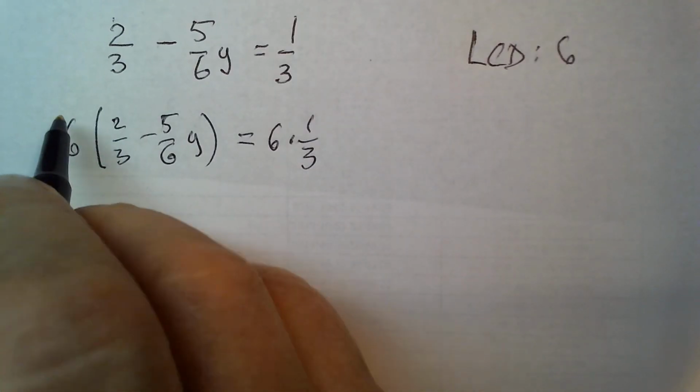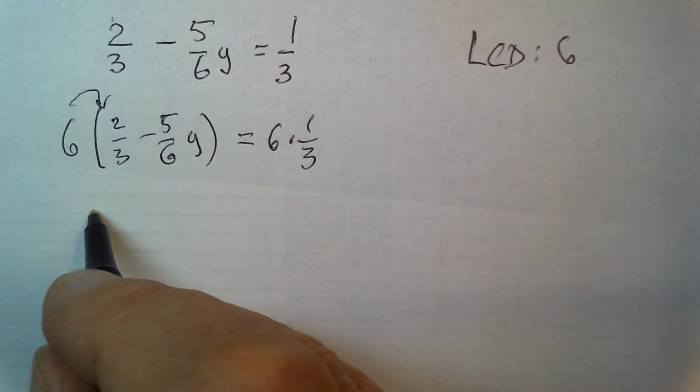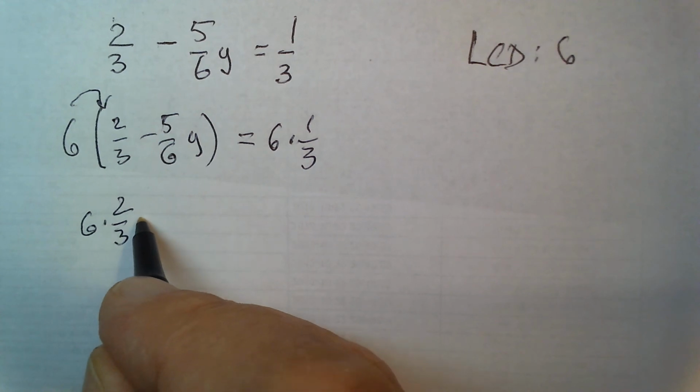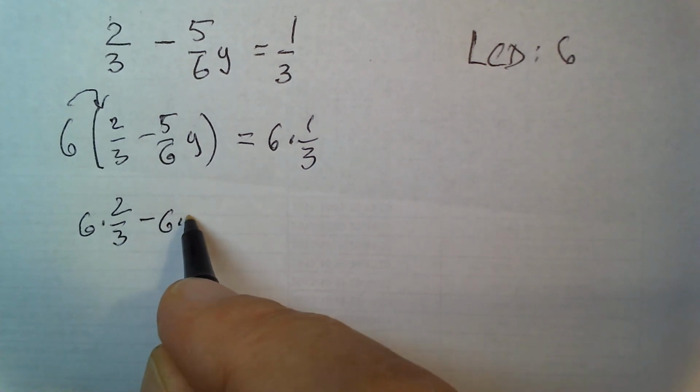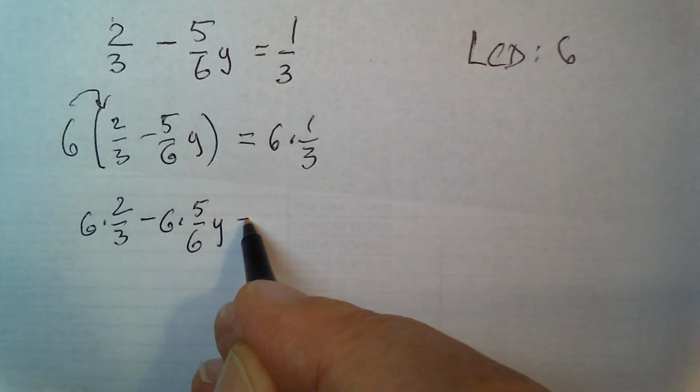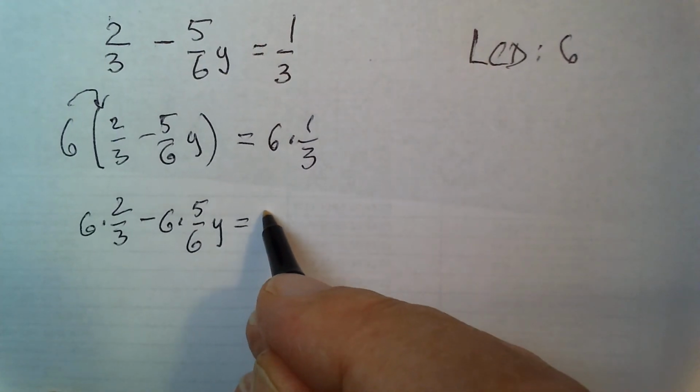So we multiply 6 times 2/3, minus 6 times 5/6y, equals 6 times 1/3.